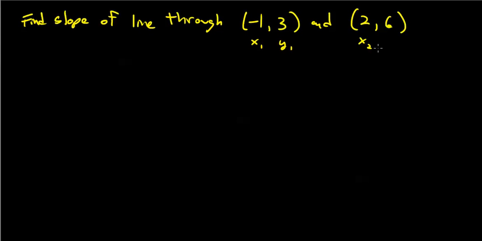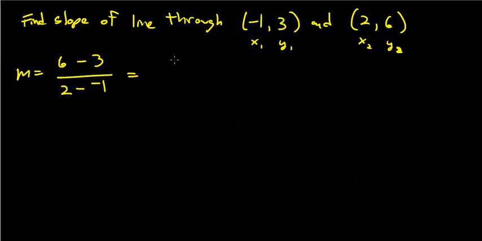You can label either one x1, y1, and either one x2, y2, as long as you keep the order consistent in the slope computations: keep x1 with y1 and x2 with y2. My slope is going to be y2 minus y1 over x2 minus x1.